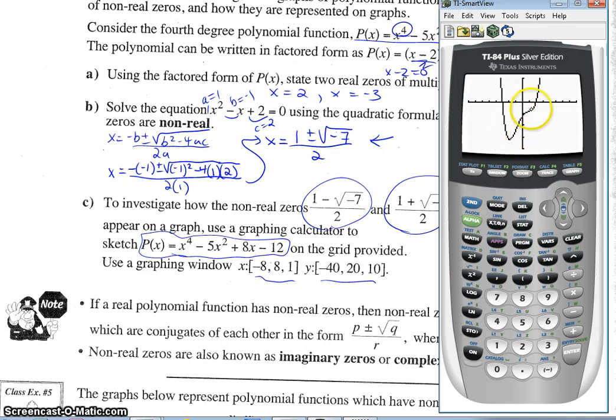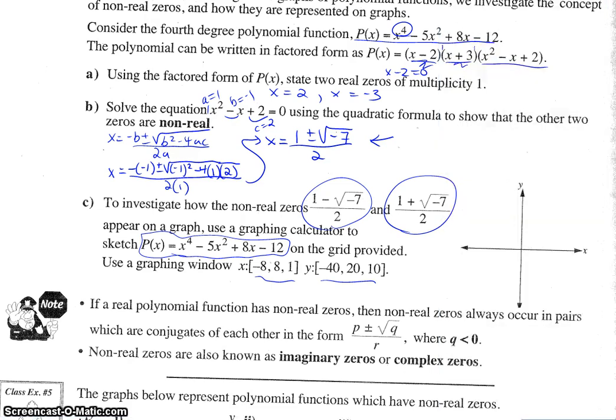When it has that little change in the graph, that shows up as non-real zeros. So that's where that is occurring, in this area. It's nothing to do with the y-intercept. It just happens to happen in that area. Here's actually the point of inflection, right here. Okay, so let's go back to our notes.